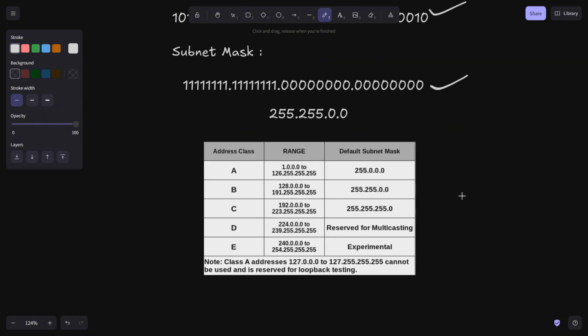As I told you, there are mainly three classes of IP address: class A, class B, and class C. The class A range starts from 1.0.0.0 to 126.255.255.255, and the default subnet mask is 255.0.0.0. The class B subnet mask is 255.255.0.0, and for class C, the default subnet mask is 255.255.255.0.